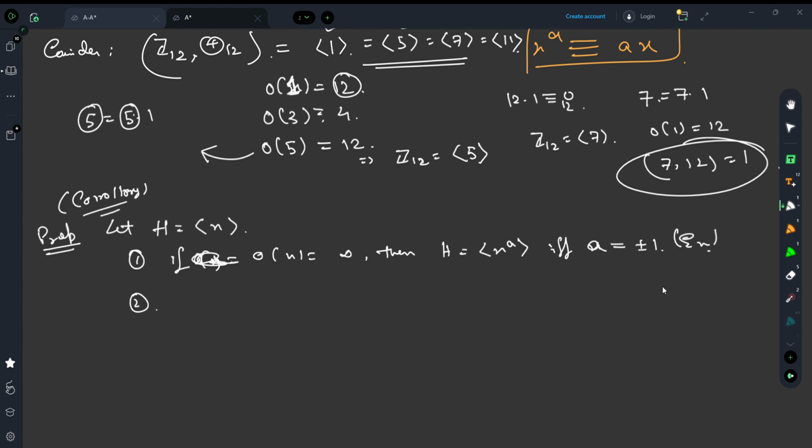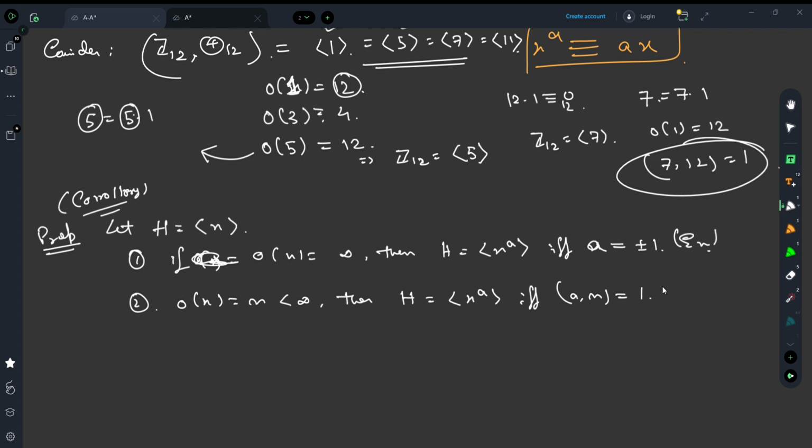Number two. Now this is indeed the fact because X to the power A will also have infinite order, right? X to the power A will also have infinite order because the order of X is infinite. That's it. Number two is that if the order of X is n, which is finite, then H will also be generated by X to the power A if and only if A and n are co-prime.